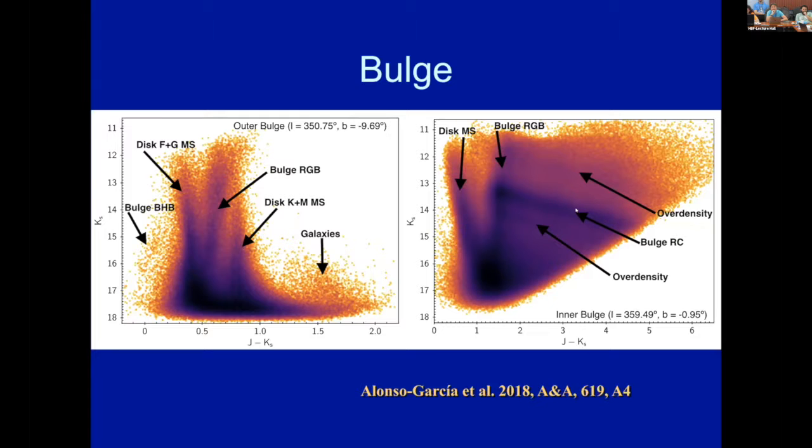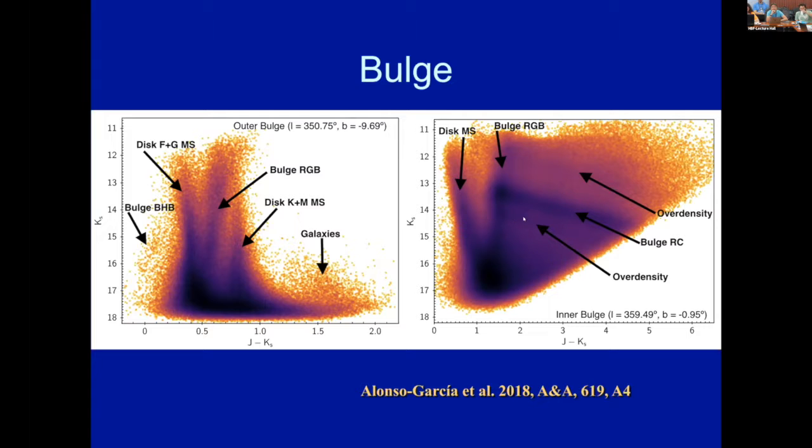This is due to the bulge red clump stars, but there are also these two overdensities, one in here just below the red clump and one above. The origin of these overdensities is a little more complex. In here, it can be produced by the red clump of the foreground disk, or also it can be due to the RGB bump from the red giant stars from the bulge.